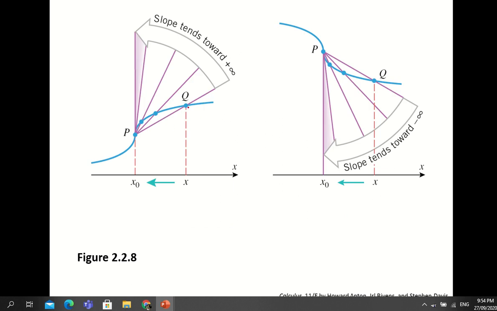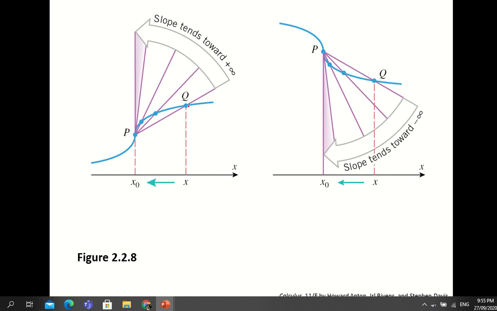So as we move, considering this upper part where the graph is concaving downward, as we move point Q towards point P. By the way, this is our secant line. Remember, this is our secant line.